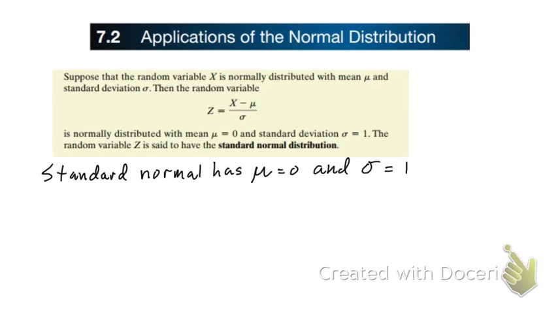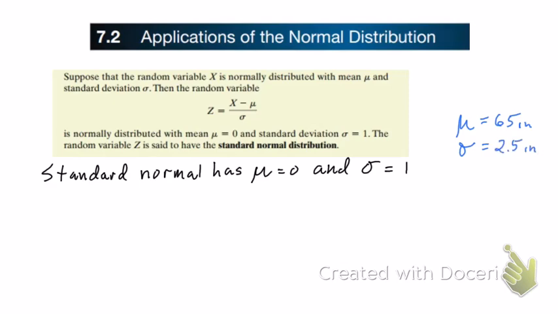But I know heights and weights and SAT scores and the heights of plants that grow and things, they don't have a mean of 0 and a standard deviation of 1. Women's heights, I think, have a mean of 65, I think, inches, and a standard deviation of about 2.5 inches.